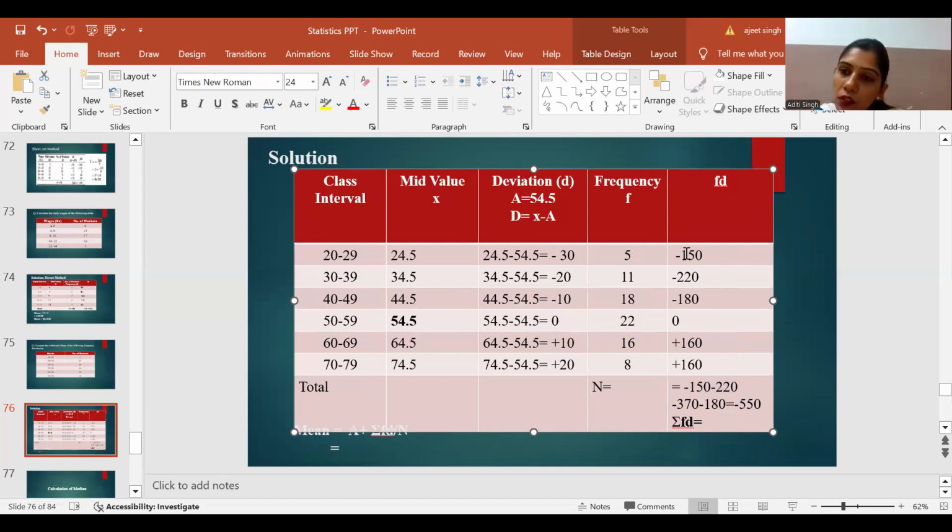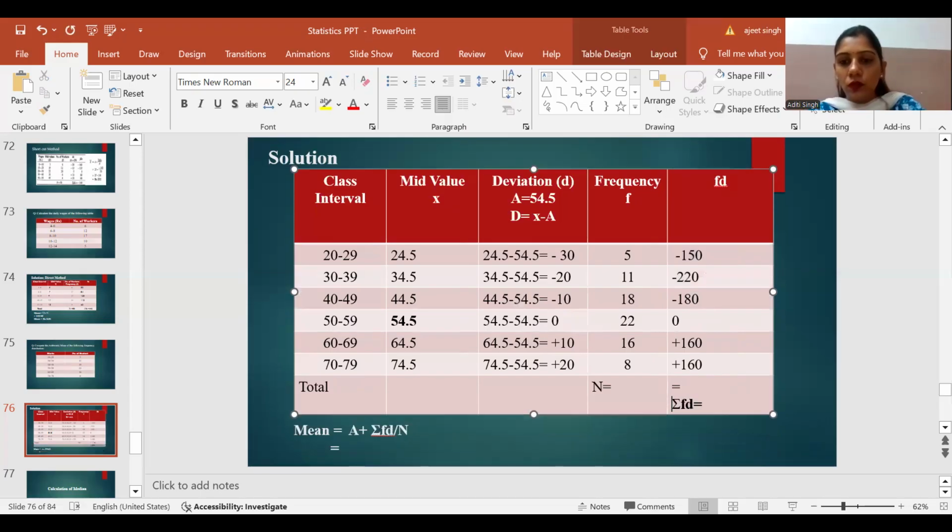So this is how we calculate the values which are given with a minus sign. Now let's do the proper calculation. When we do the calculation of all these three values, the answer that came is minus 550.